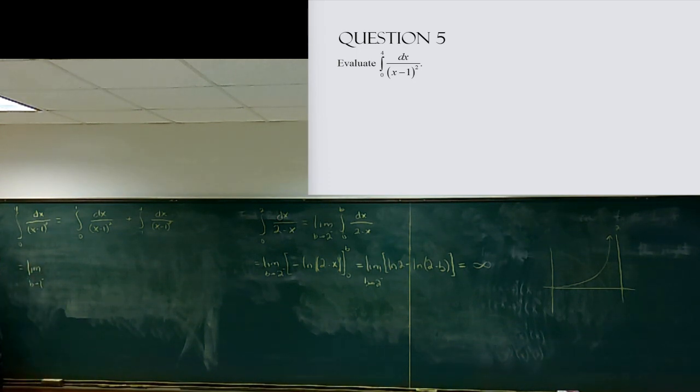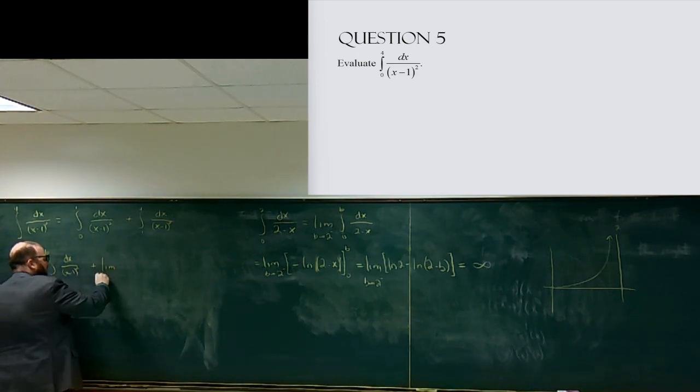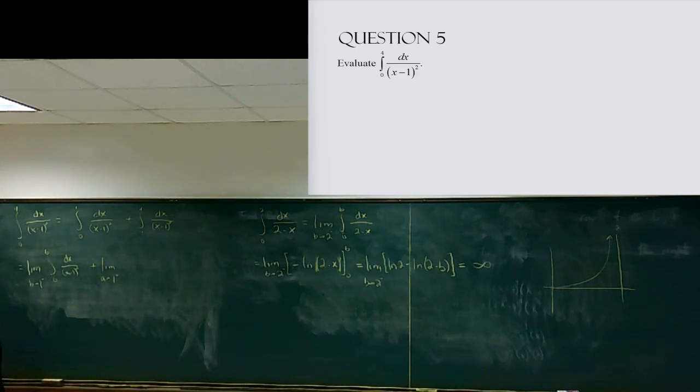So B is approaching 1 from the left in the first one. A approaches 1 from the right in the second one.